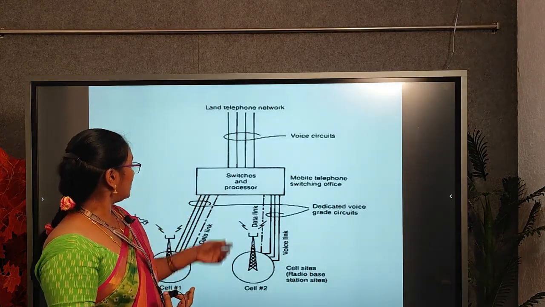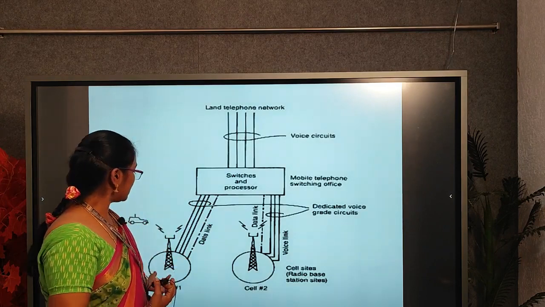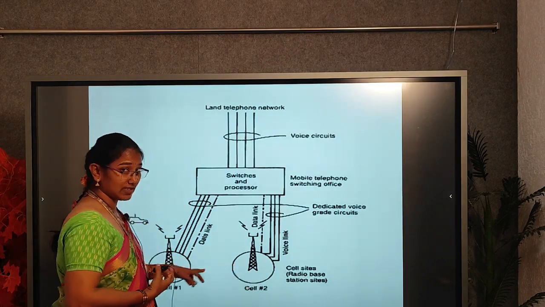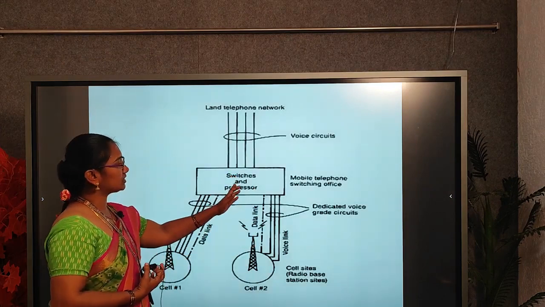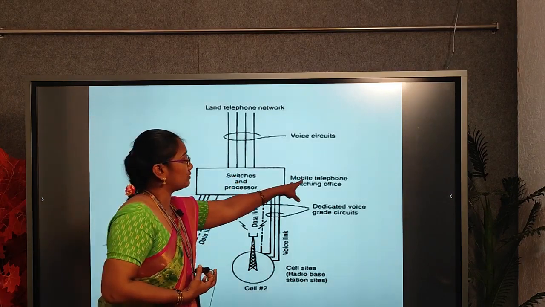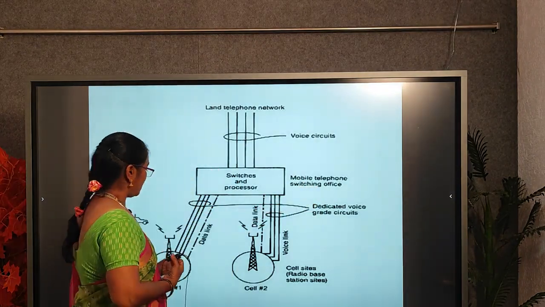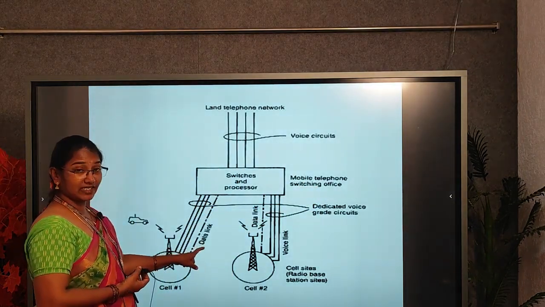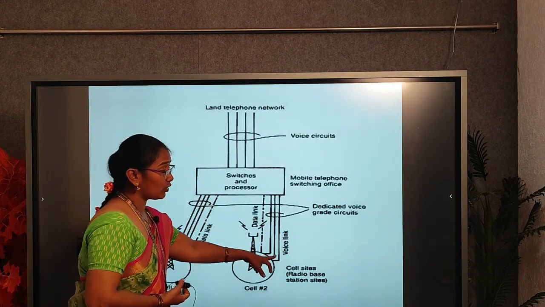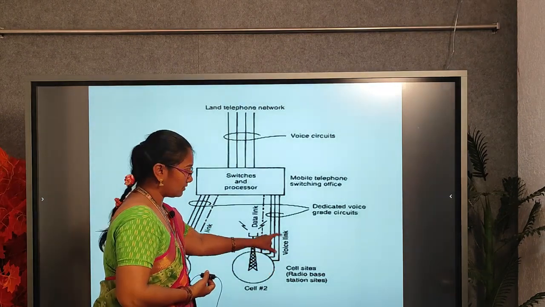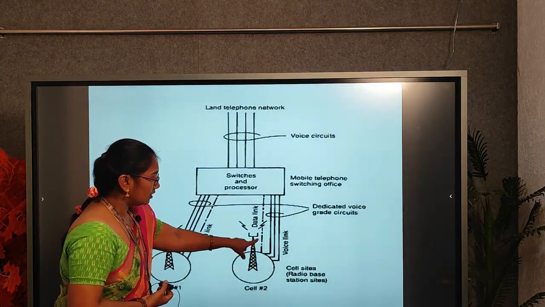This is the diagram. See here, cell site 1 and cell site 2, two cell sites are there. Here different lines are going to the switches and processor unit. We will call it the mobile telephone switching office, MTSO. See here, data links which are shown as dotted lines, and voice links.